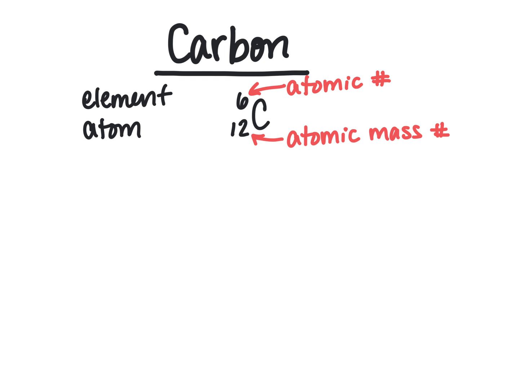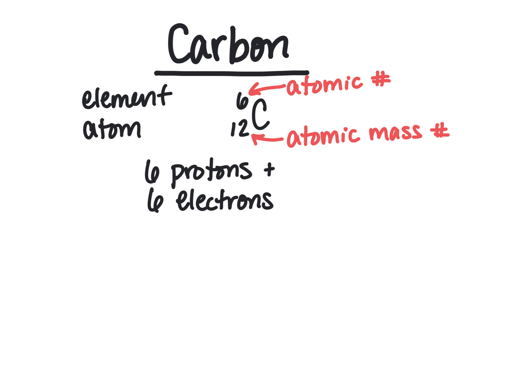So first of all, the atomic number tells us that carbon has 6 protons and 6 electrons. And remember that protons are the positively charged subatomic particle, and electrons are the negatively charged subatomic particle. And we get both of these numbers from that atomic number.